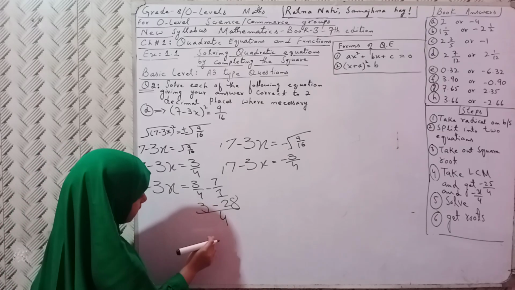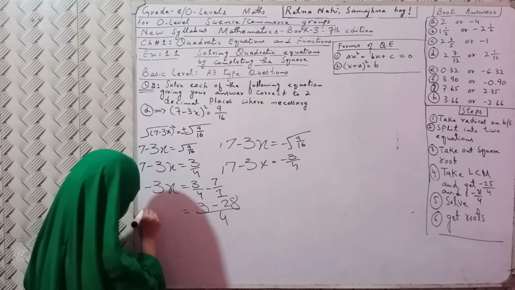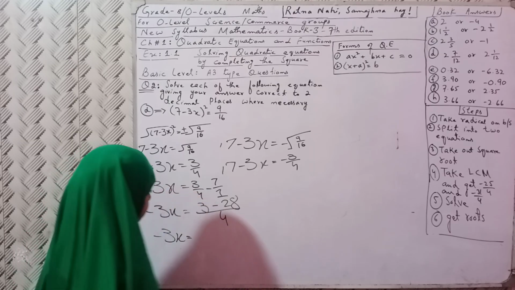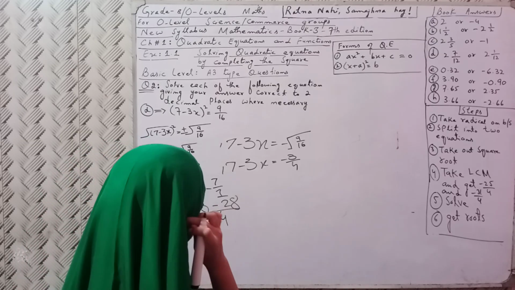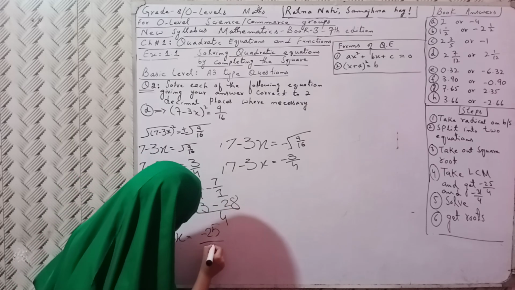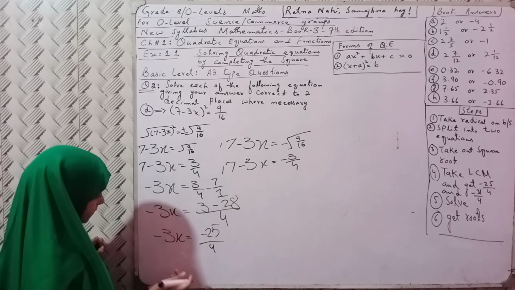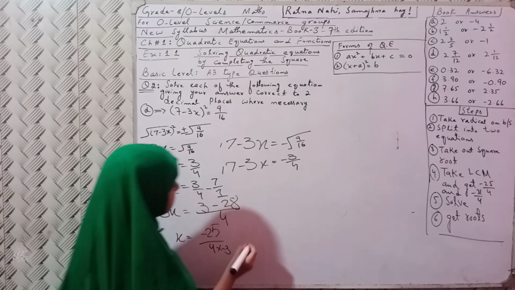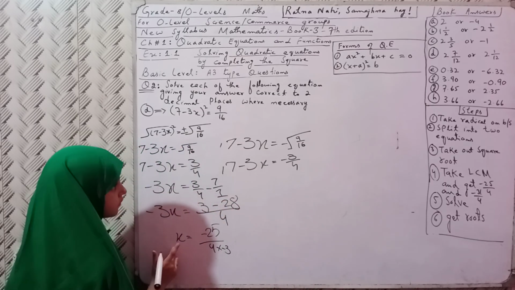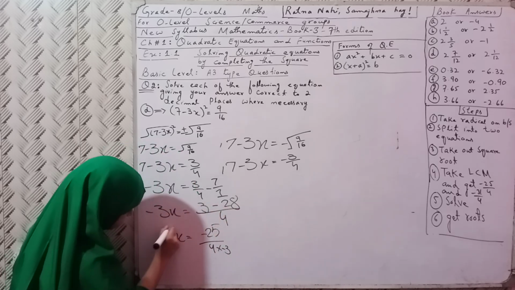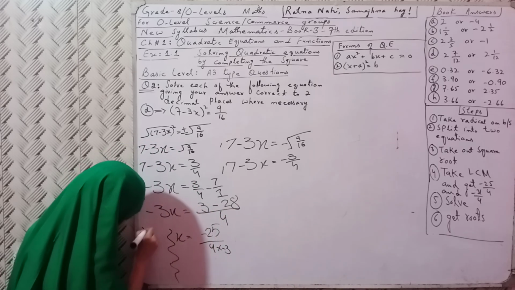Then in the next step, minus 3x is equal to minus 25 upon 4. Now this minus 3 will come here, so this will be multiplied by minus 3. Then here will become x.